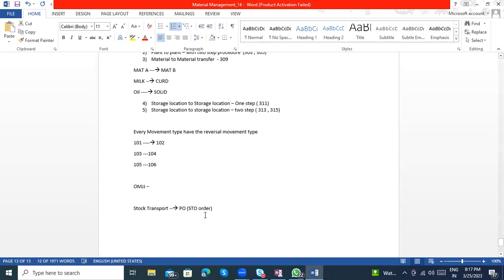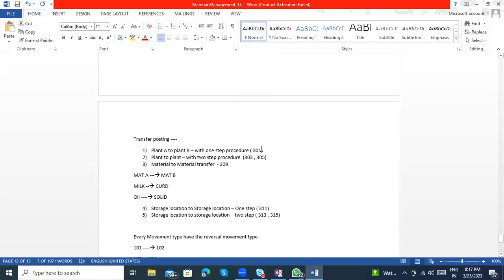But in the other case there is a proof: I got the requirement from the receiving plant, that's why I'm sending the goods from the supply plant to the receiving plant. In this case we don't have anything. We just have side by side plants, and we are transferring the stock from one plant to another plant.